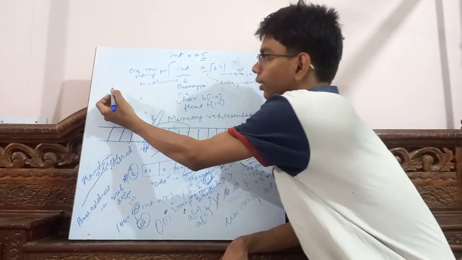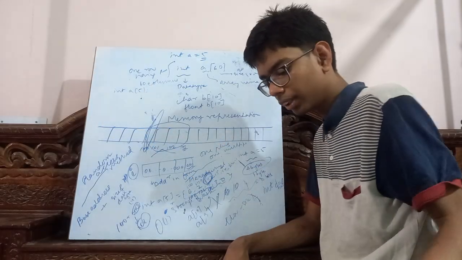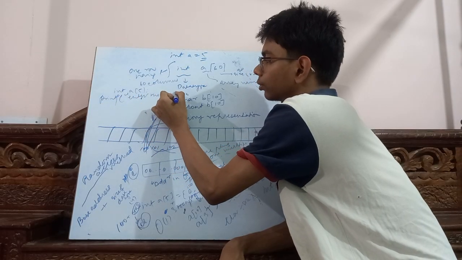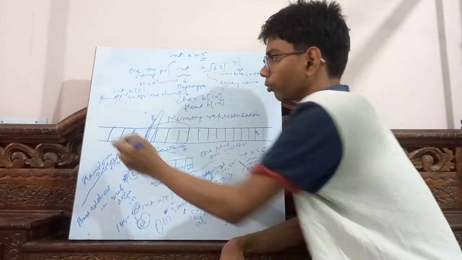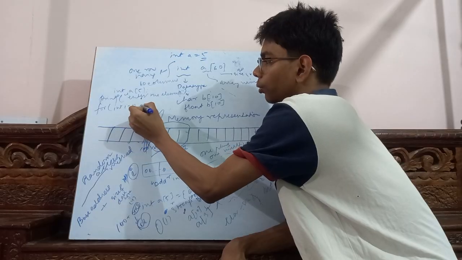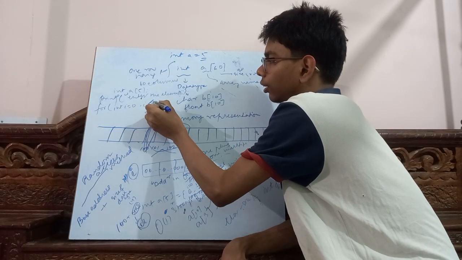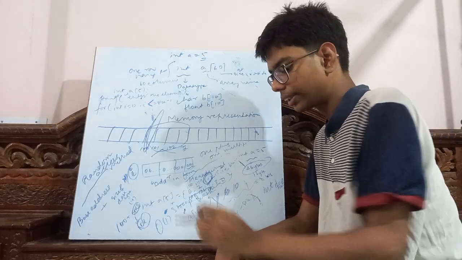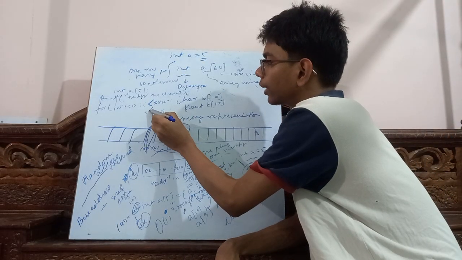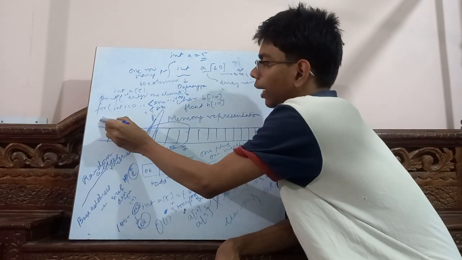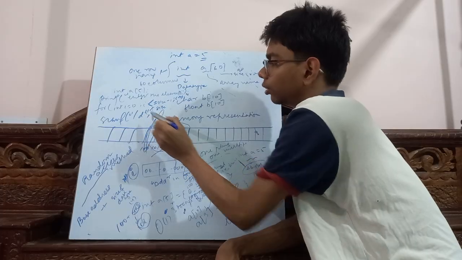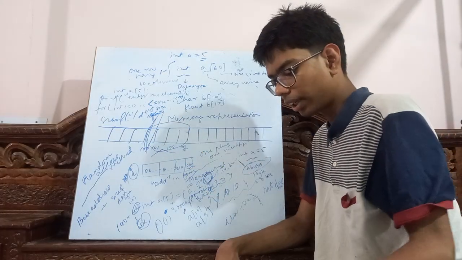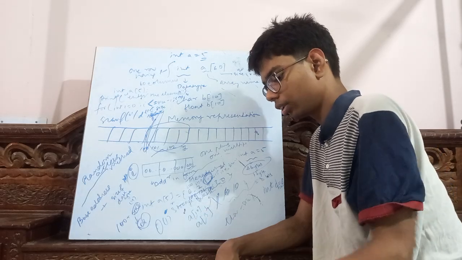The syntax can be written as declaration of an array of size 5, and then printf enter the elements, and then for int i equal to 0, i less than or equal to size minus 1, or i less than size, and i plus plus, and then scanf %d, and here I will write scanf of %d and a of i.